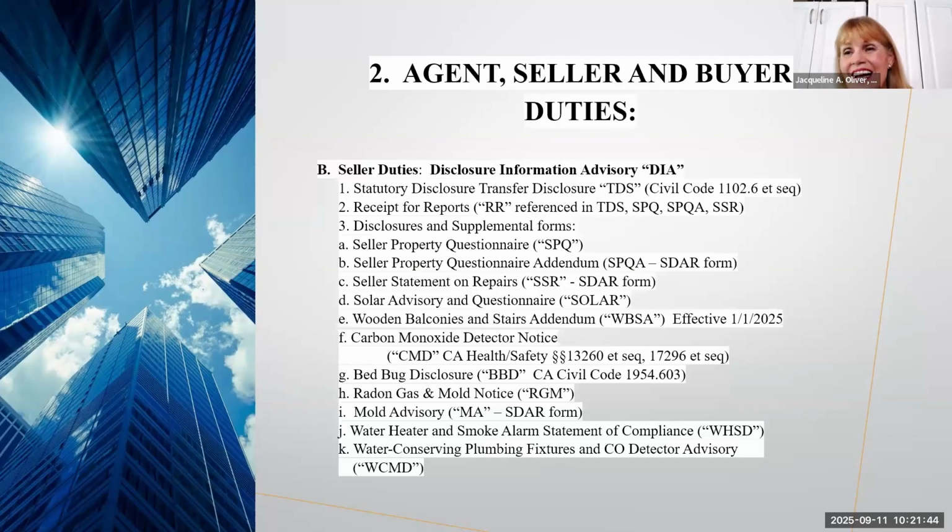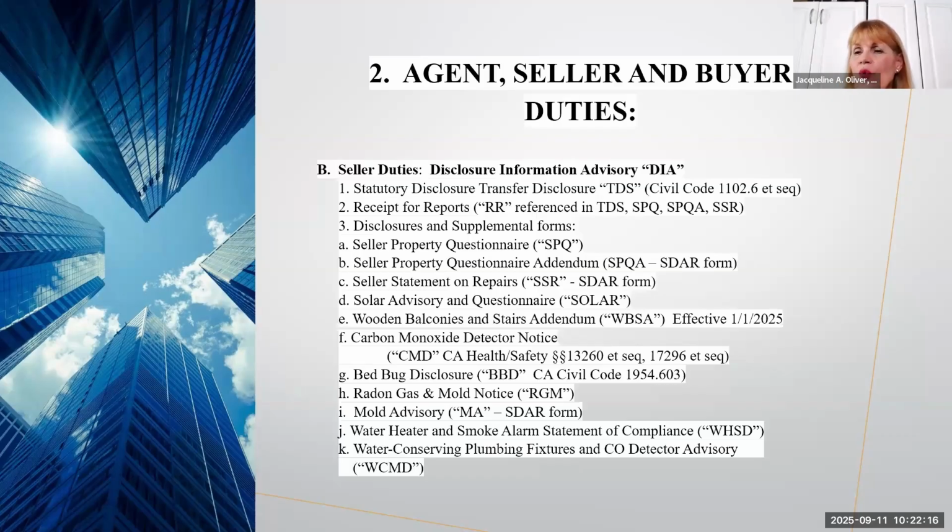The only difference is it doesn't have the little logo that says CAR and a little state picture, because the transfer disclosure statement has to be exactly the way the Civil Code is written. That's statutory. When we get down to the seller property disclosure, I will tell you how that's different, because it's not statutory, it's contractual. Number 2 is a receipt for reports.